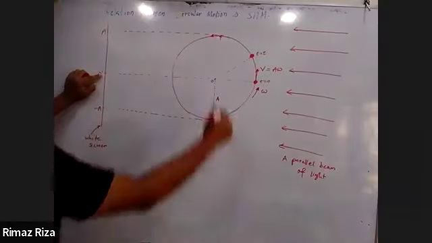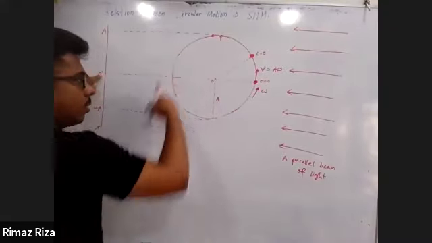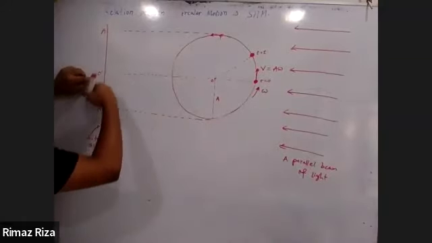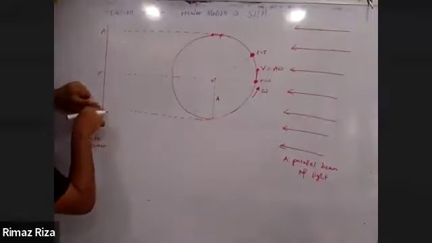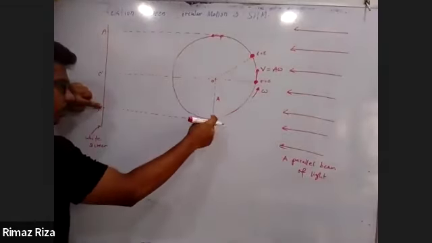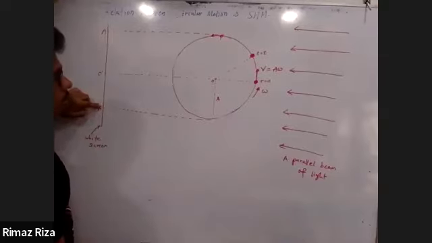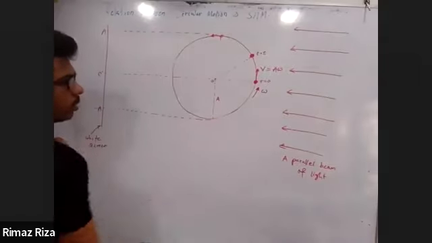Okay, and then again the particle comes here. Here the velocity is downward A omega, so the maximum velocity is A omega. And again when the particle comes here, the velocity in the vertical direction is 0, because there is no component. Okay?